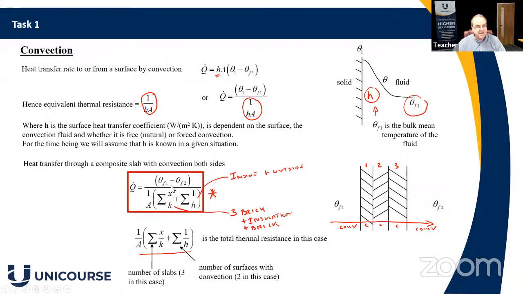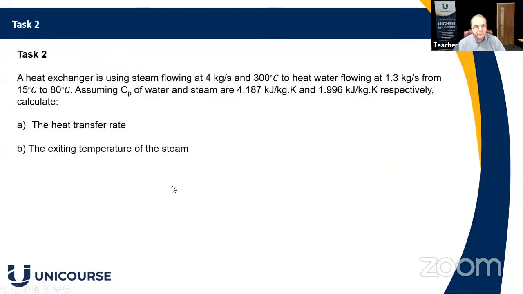We're taking a little bit of time here, so we don't want to rush through this. Task 2: a heat exchanger is using steam flowing at 4 kilograms a second and 300 degrees C to heat water flowing at 1.3 kilograms a second from 15 degrees C to 80 degrees C. So you've got the temperature difference for the water.